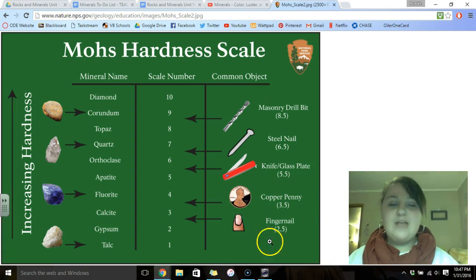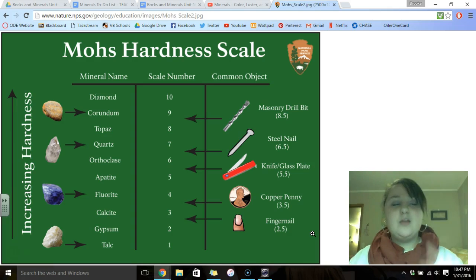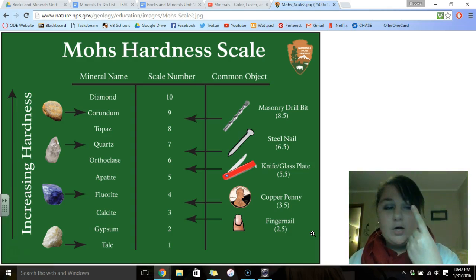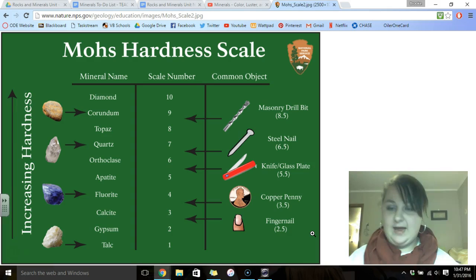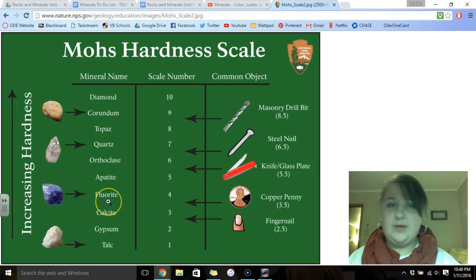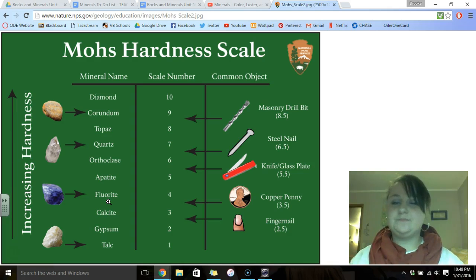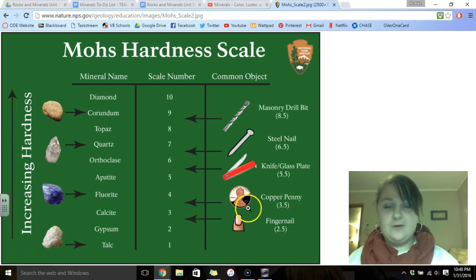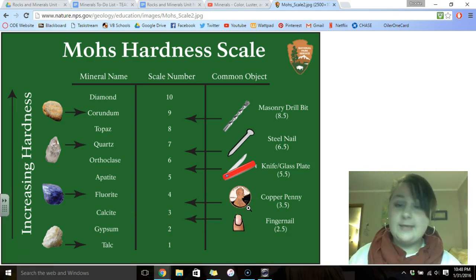So, the most common one that you see literally every day is your fingernail. Your fingernail has a hardness of 2.5. So that means that your fingernail can scratch gypsum and talc, but it cannot scratch calcite, fluorite, apatite, and all these ones up here. It can't scratch any of those. Take, for example, a copper penny.